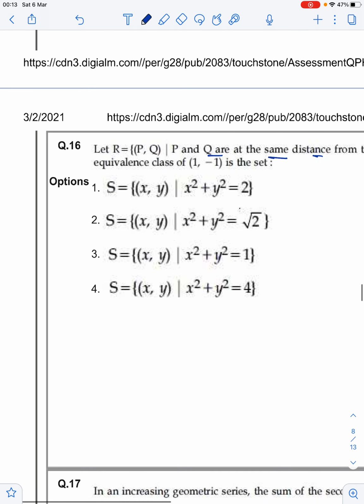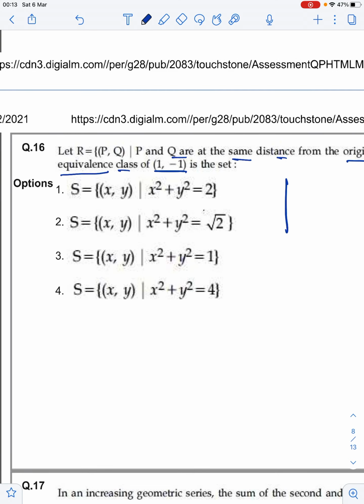Then the equivalence class of (1, minus 1): obviously, the distance of (1, minus 1) from the origin is root 2. That means all the points lying on the circle having a radius root 2 will follow this relation. Hence option number 1 is the clear choice: x square plus y square equal to root 2 square, a circle of radius root 2.